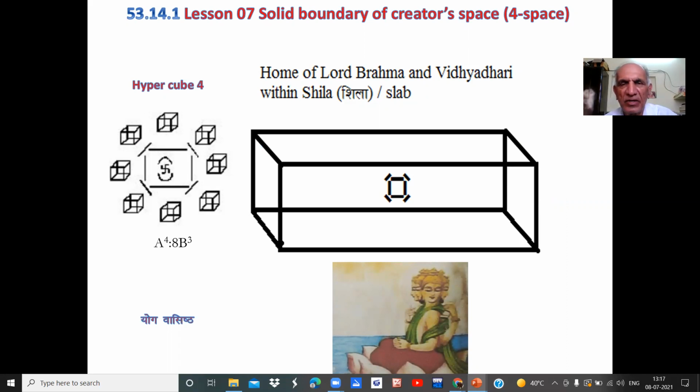Hypercube 4 is the representative regular body of real force space in force space. The manifestation of the force space body within force space, along the format of the idol of Lord Brahma, creator the supreme, the presiding deity of force space, is the glaring feature.